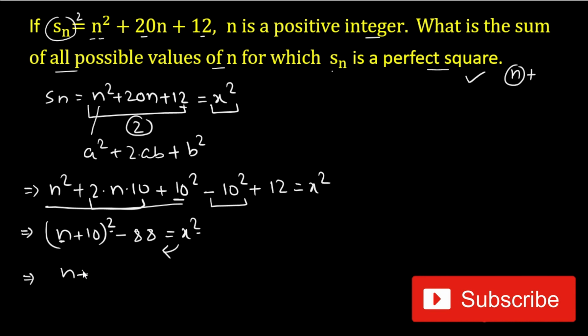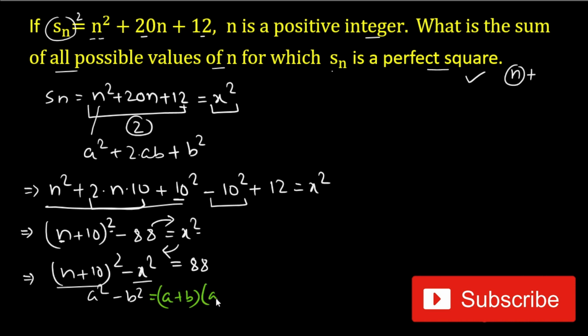So n plus 10 whole square minus x square, and now we'll take 88 to the right hand side, so it is plus 88. So here again it is in the form of a square minus b square, and the formula of a square minus b square is a plus b times a minus b.